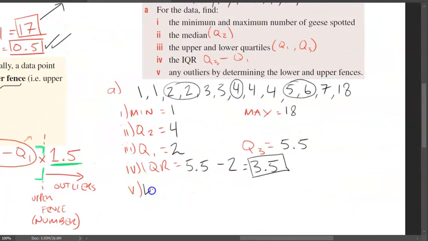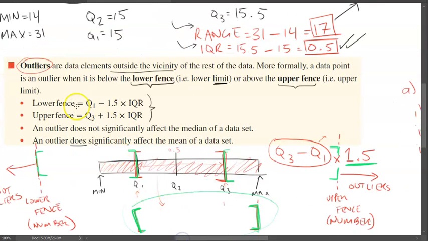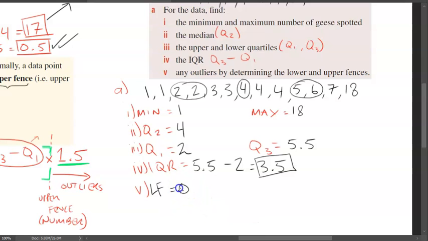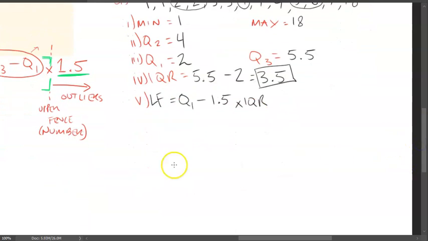So lower fence, I'm just going to call LF for short. You've got to remember our lower fence is Q1 taking away 1.5 lots of the IQR. So Q1 take away 1.5 times IQR. Let's work this out. Our Q1 is 2. I'm going to put these in brackets to indicate that it should be worked out first.